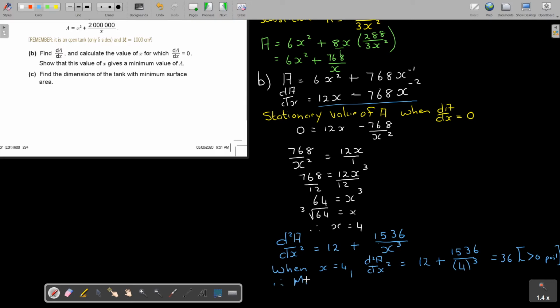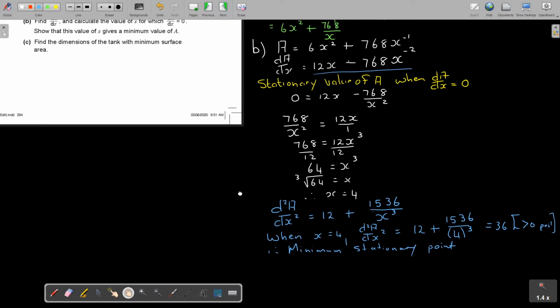Therefore, minimum, because it's positive, minimum stationary point. But now I must still get the stationary value of A. Okay, I'm almost done.